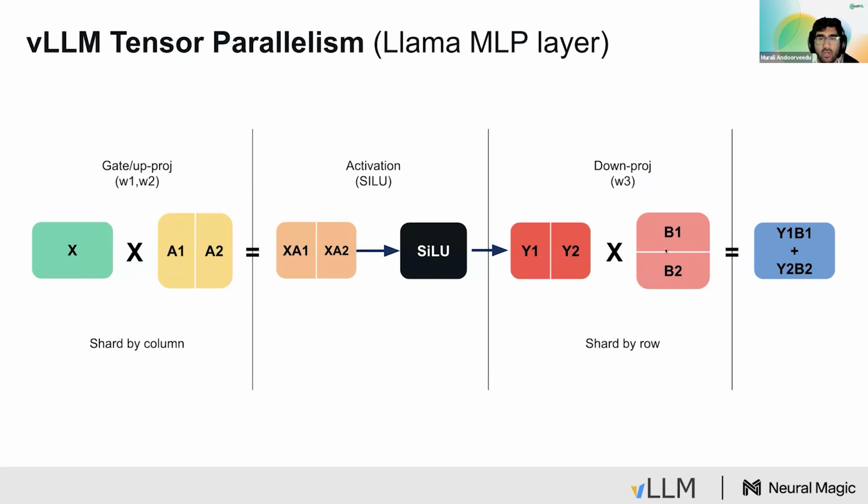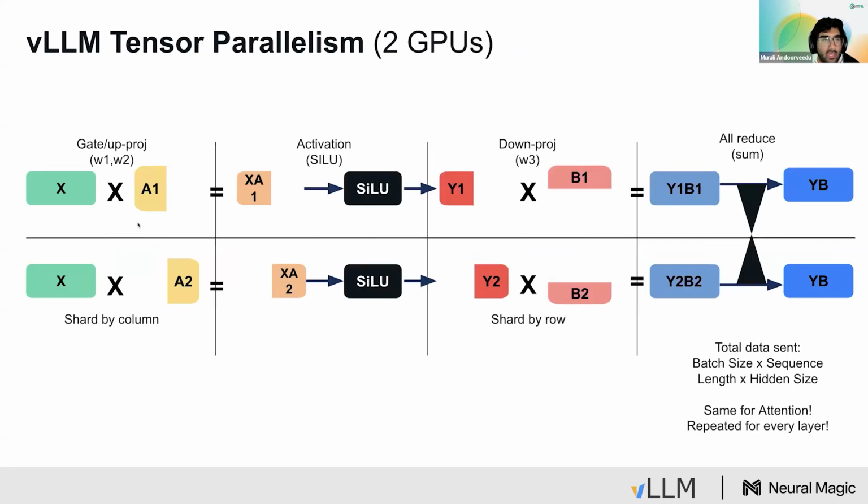And then finally, we have this final weight matrix that we shard along the row. And then when we get the result, it's really 2 partial results summed together. Right? So this is row parallel here, and the first one here is column parallel.